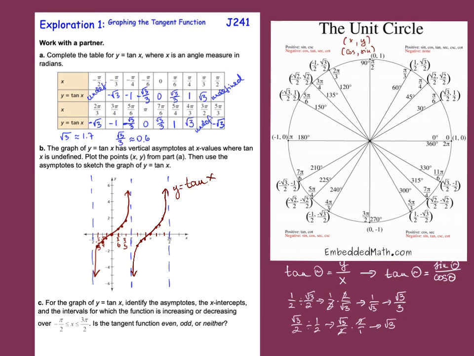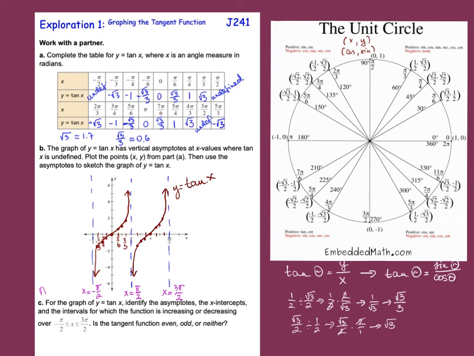So let us identify the asymptotes. So the asymptote here is x equals 3 pi over 2. The second asymptote is x equals pi over 2. And this last asymptote was x equals negative pi over 2.